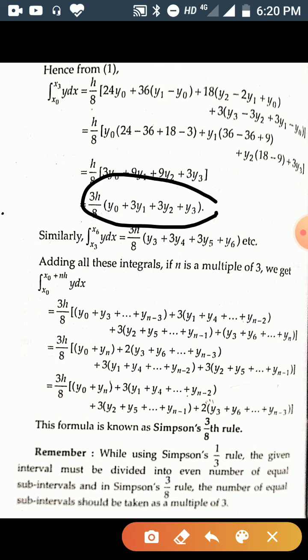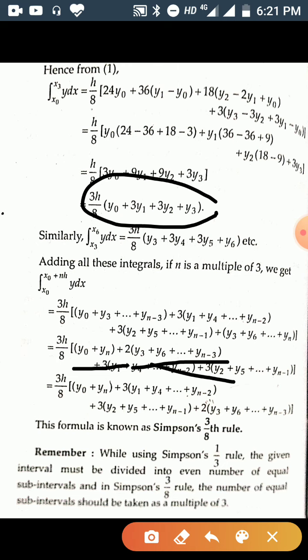So we will group it like 3h by 8 [y0 plus yn plus 2 times (y3 plus y6 plus dot dot dot yn minus 3) plus 3 times (y1 plus y4 plus dot dot dot yn minus 2) plus 3 times (y2 plus y5 plus dot dot dot yn minus 1)].